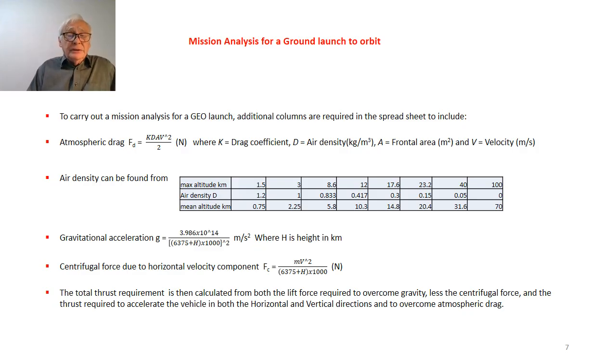We need to calculate the Earth's gravitational acceleration at the particular height that we're at, and you can see that's calculated from the equation given. It gives a value of g in meters per second squared.